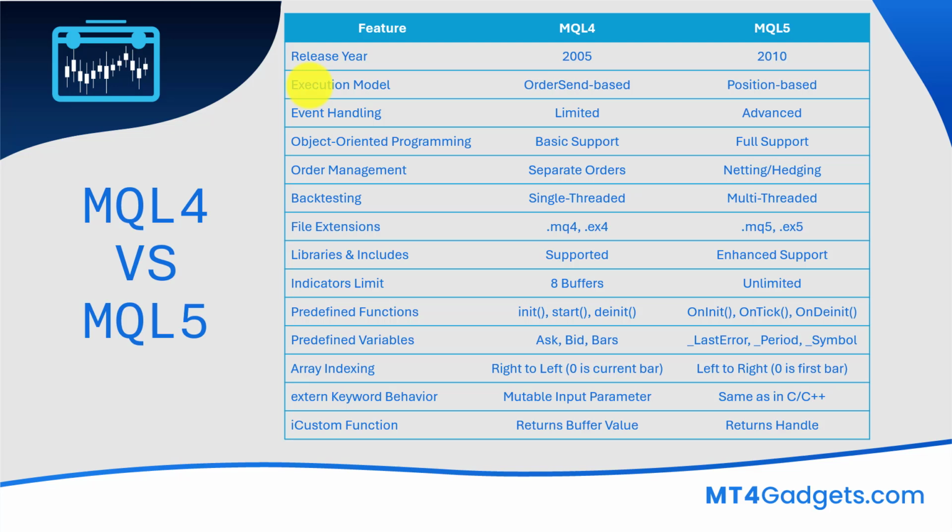When it comes to indicator limits, if you look at MQL4, there is a limit of 8 buffers that can be used in custom tools. So if you have custom indicators or expert advisors, you only have 8 buffers that you can work with, while in MQL5 there is no limitation to how many indicators and buffers you can have in your custom tool.